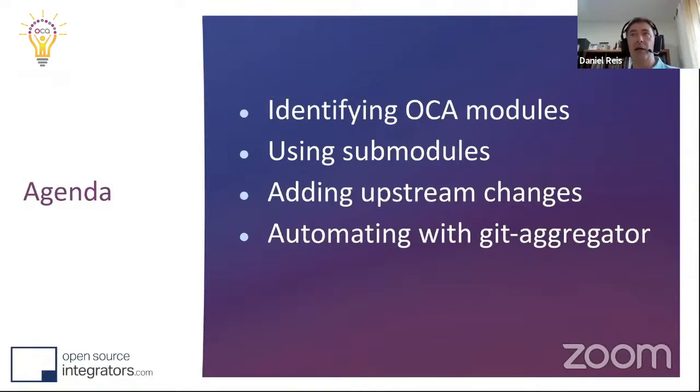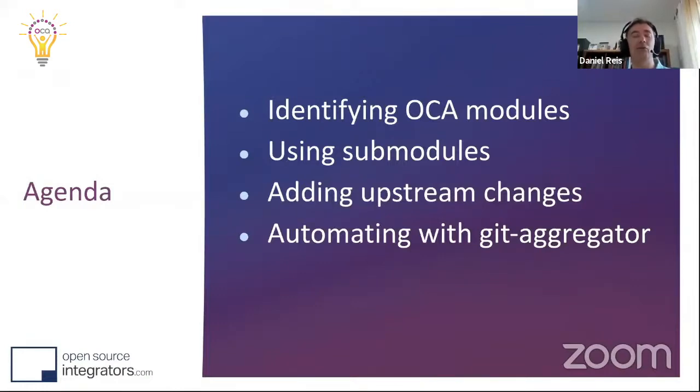And finally, I'll introduce you, if you're not aware already, to the Git Aggregator tool that allows you to automate all of this. So the manual workflow I present works fine if you have 2, 3 submodules, like you use a few repositories from the OCA. But if you use 10 or 15, and it's not unusual, at least for me, it's hard to do it manually.